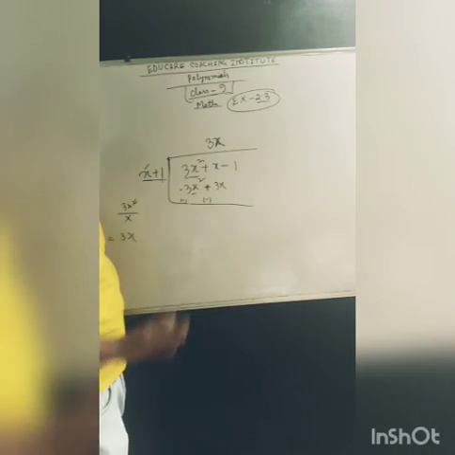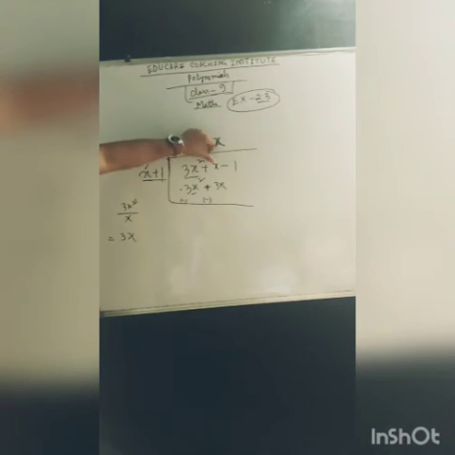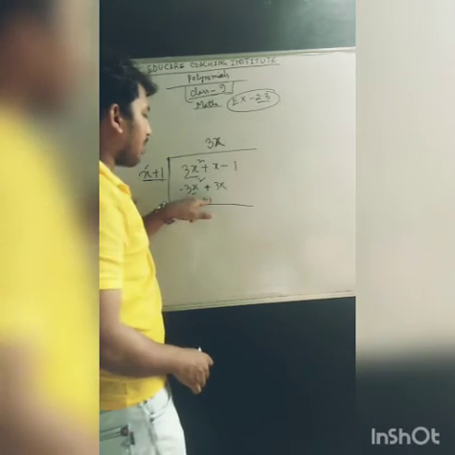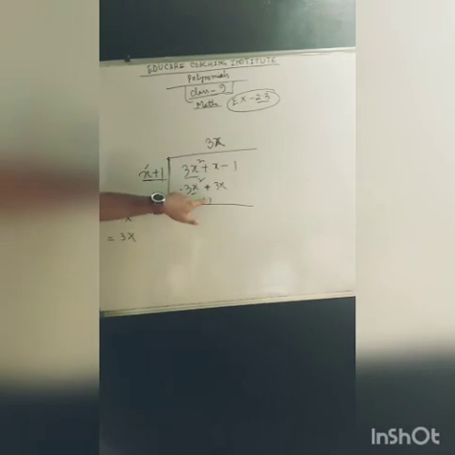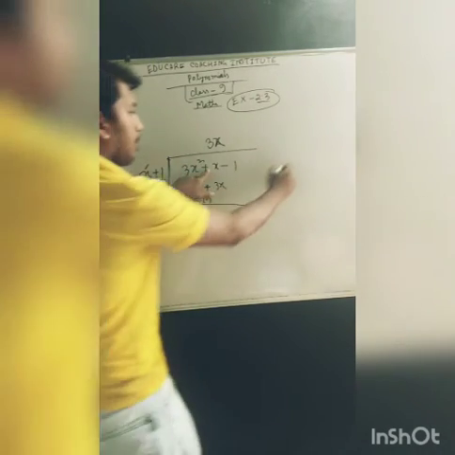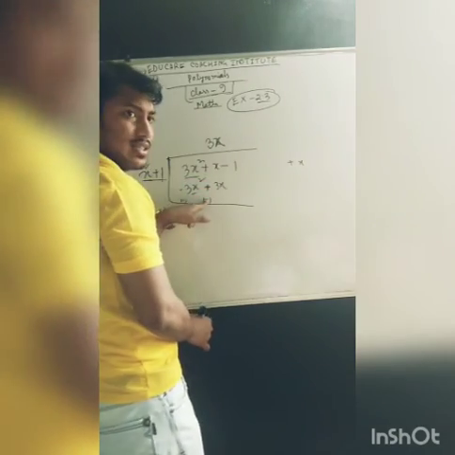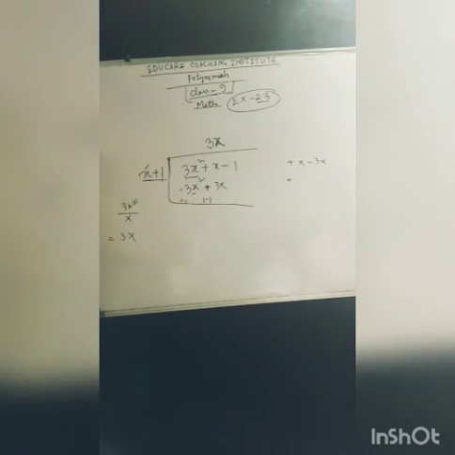So we don't have to do that. Just do this. Here it is plus x and here it is minus 3x. We will consider this minus only, not the plus 1. Plus x and minus 3x, that will be the rule.